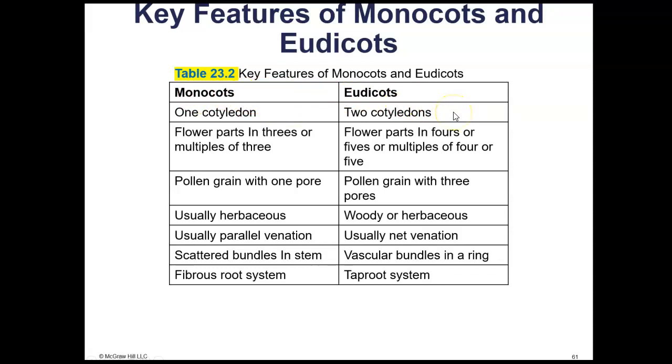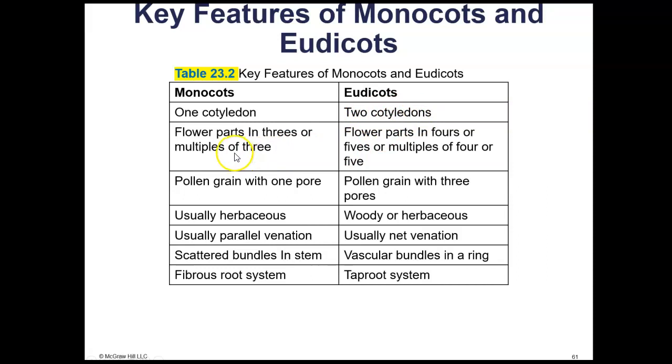But a lima bean or any of your beans, like a kidney bean, you know how they can divide in half. Of course, some of us call lima beans butter beans, but they can be split into 2 halves. Those are eudicot seeds. And those 2 halves are the portions that contain the 2 cotyledons.